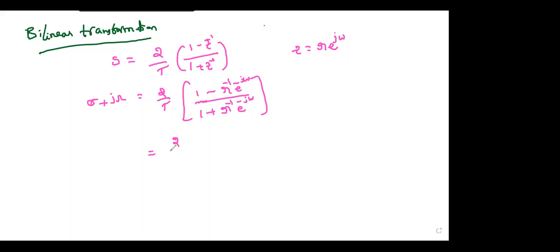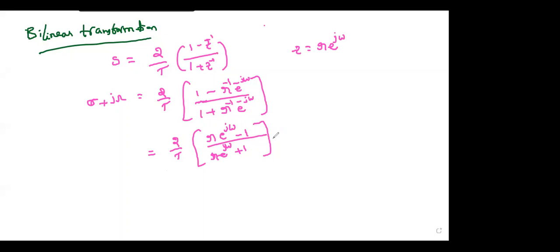This will give you T by 2 into (r e power j omega minus 1) divided by (r e power j omega plus 1).